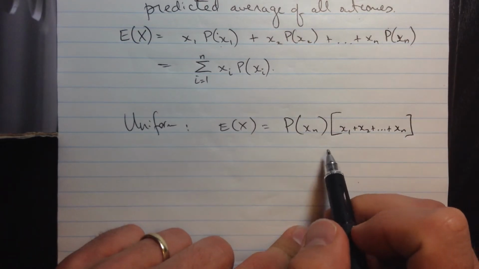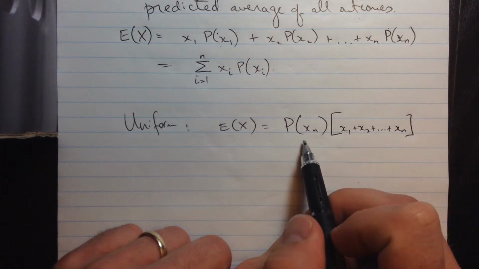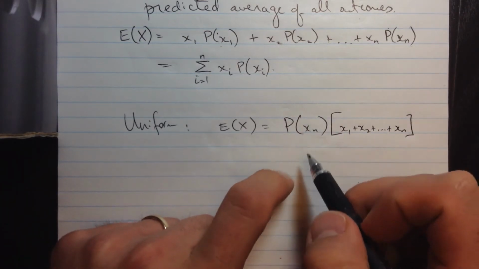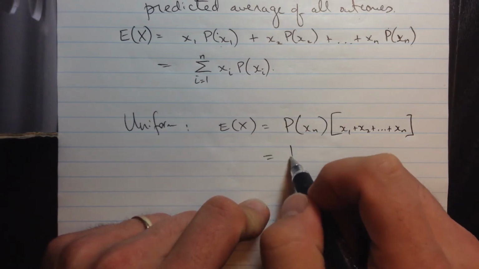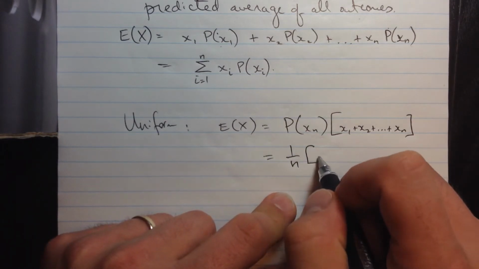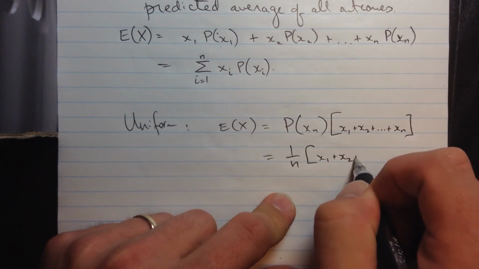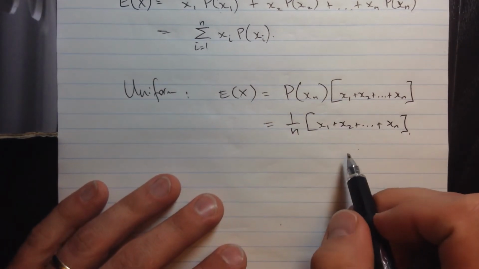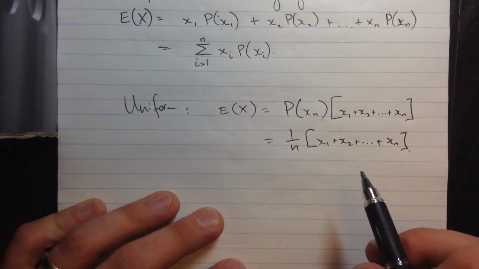So this is sort of like a regular average. Add up all the values, and then multiply by a probability, which is going to be 1 over n for a uniform distribution. So that's the special case of the uniform distribution for expected value.